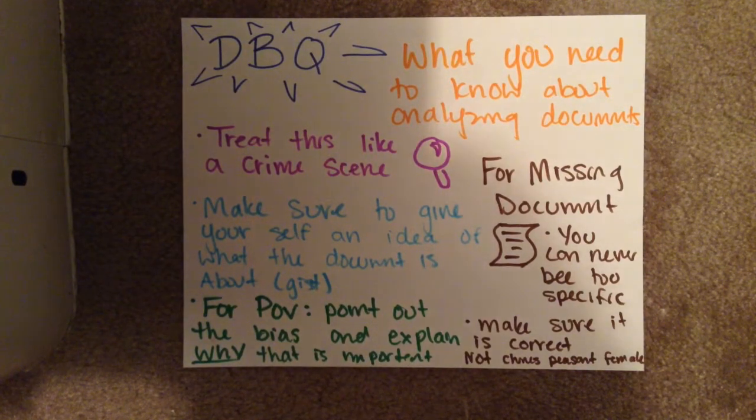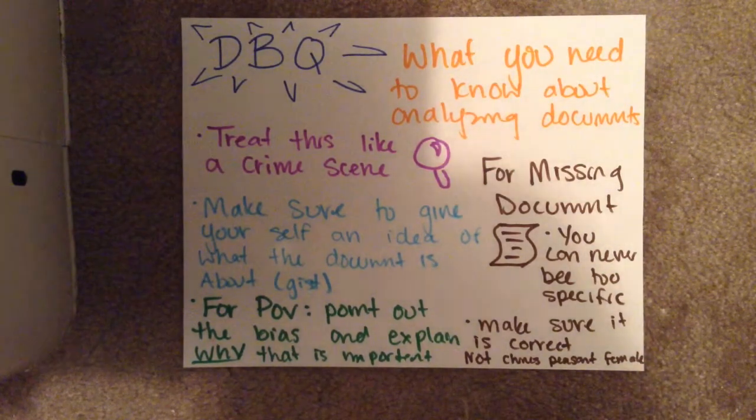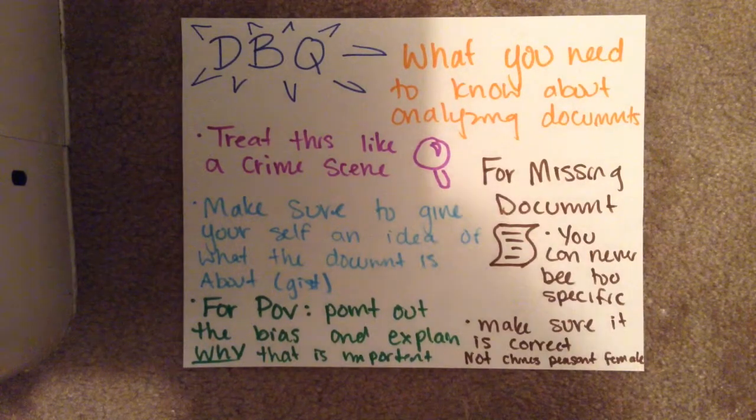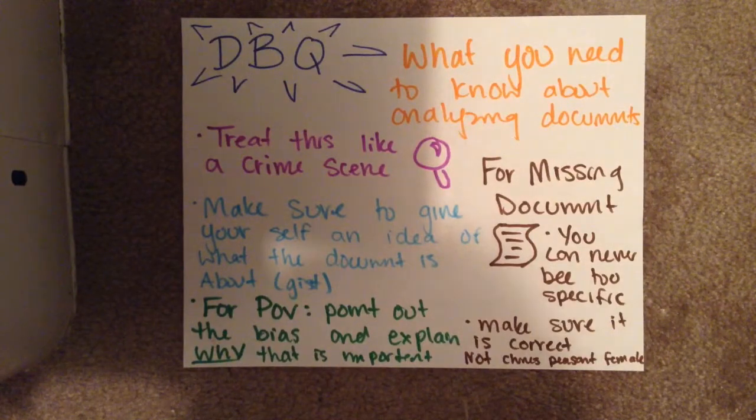Read through the documents, analyze them, and something that helps me and maybe would help you is to give yourself an idea of what the document is about, right off to the side, like a gist of the document, so that when you're going back to referencing it, you know what you're talking about and you don't have to read the whole thing.